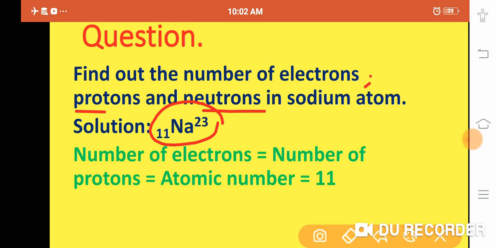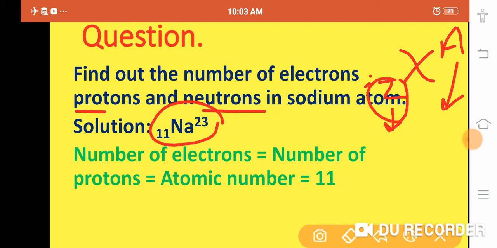Suppose this is an element X, with Z here and A here. Z means atomic number, A means mass number. So the number of electrons is the atomic number, which is 11. Number of electrons is equal to number of protons, equal to the atomic number, which is 11. Understood, my dear? How many electrons are present in the sodium atom? 11. How many protons are present? 11. What is the atomic number of sodium? 11.